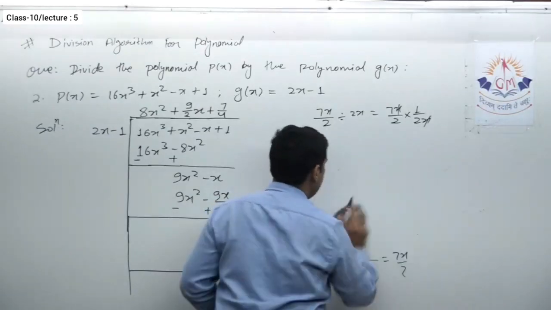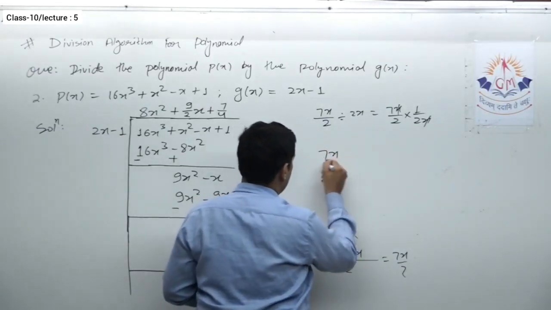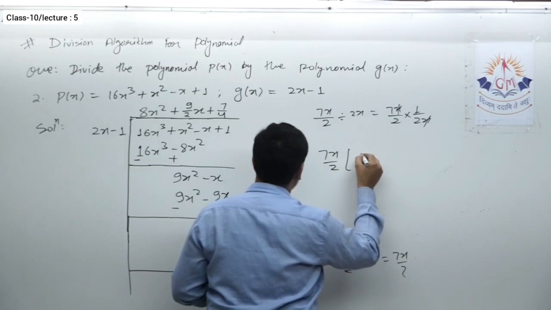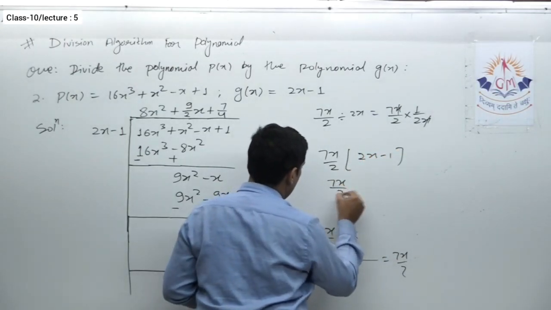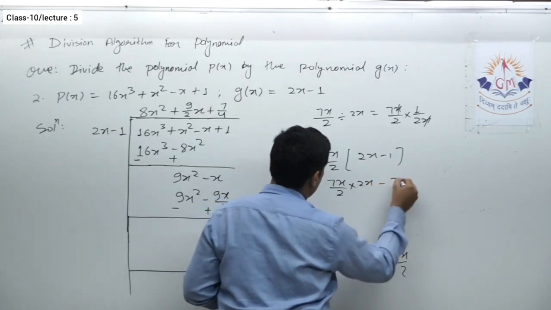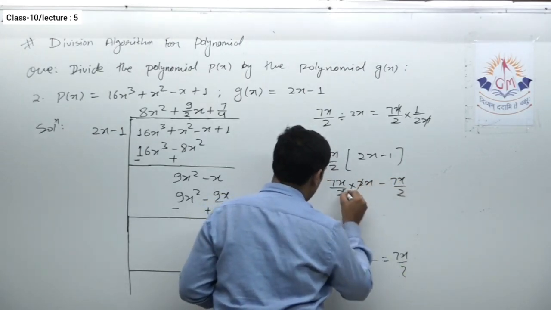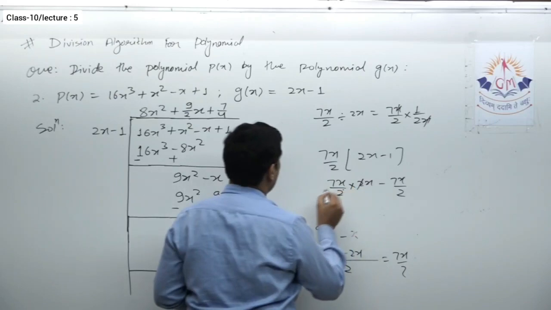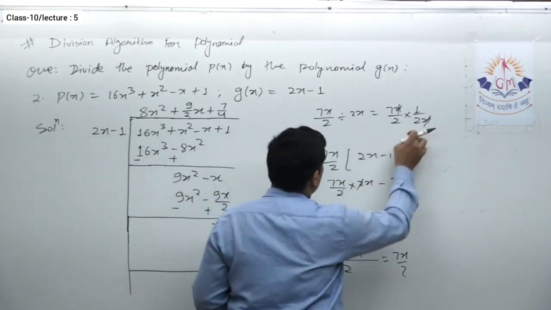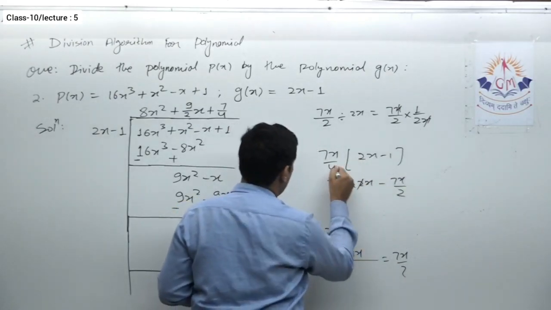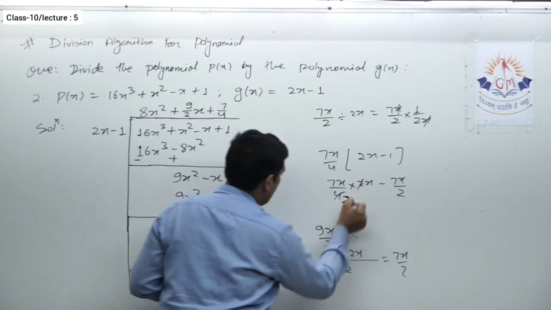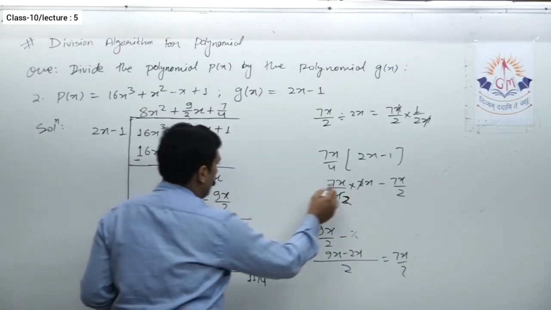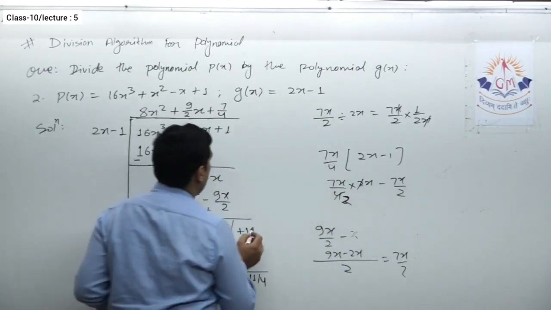Okay, so again 7 by 4 multiplied by 2x minus 1. So this will become 7x by 2 into 2x minus 7 by 4. The 2 and 2 cancel, so 7x square by 2 when you multiply, and 7x by 2.